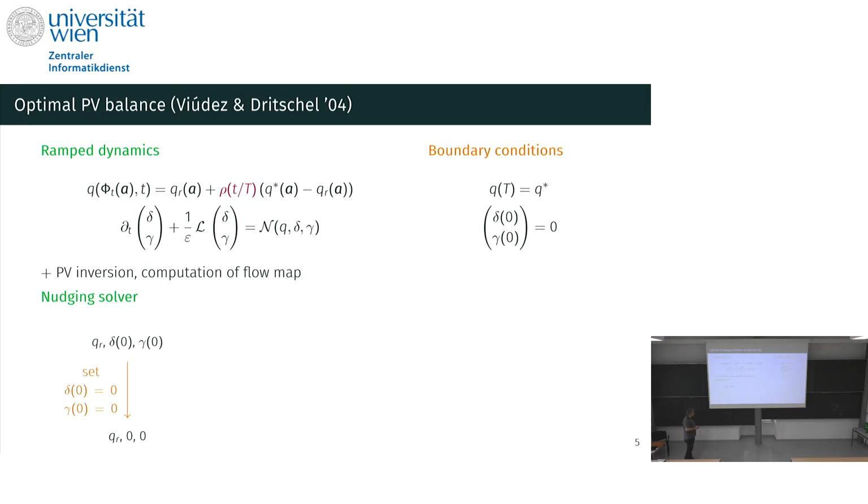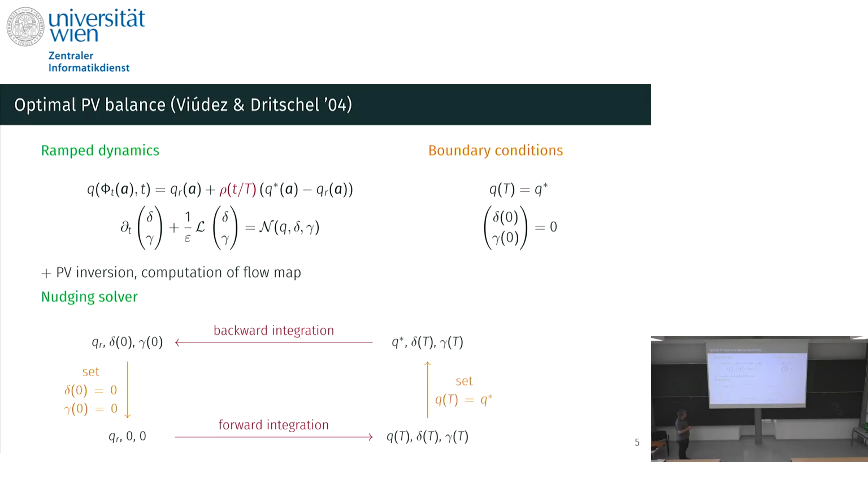Okay, and then this is solved by a nudging iteration. Maybe I'll get to the full picture and then I'll point to it. So let's say, again, initial time here, that's more or less this boundary condition. So essentially projecting out fast motion, forward integration, you have then some general fields in all three variables.